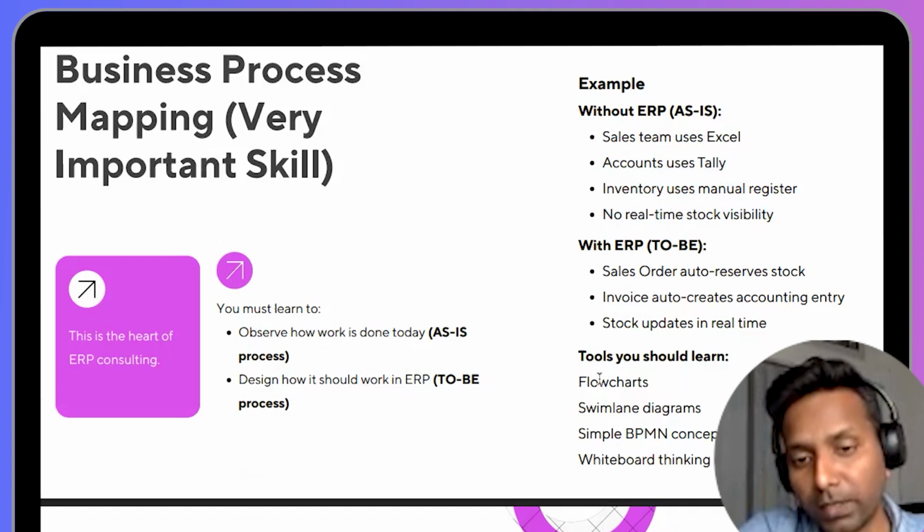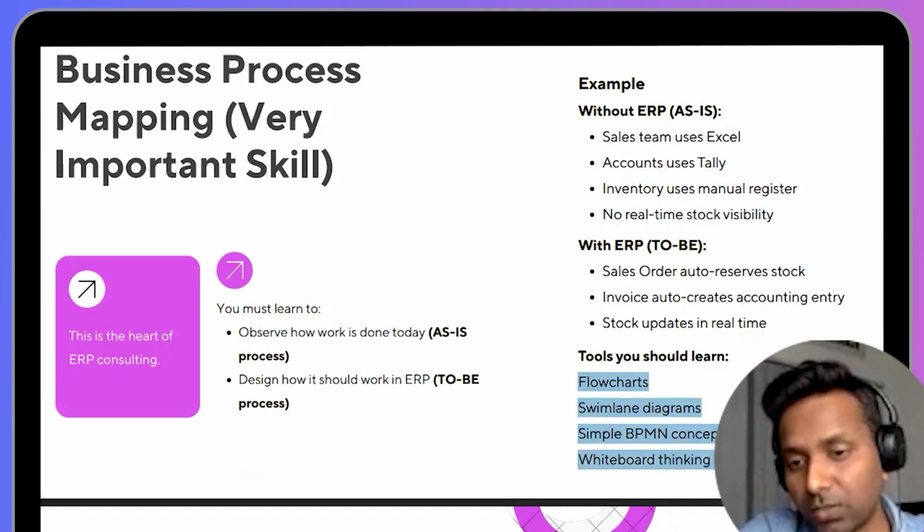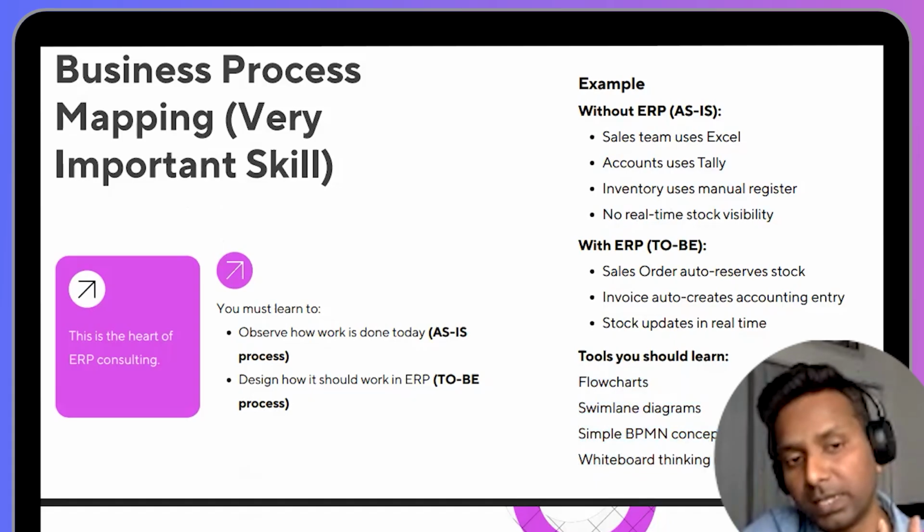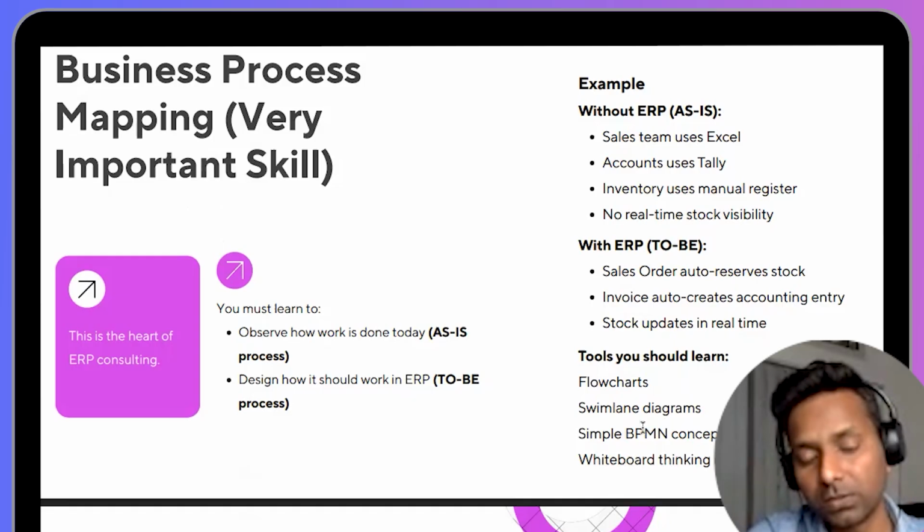Now here you can see what additional tools you should learn if you want to be an ERP consultant. Suppose you are designing business processes or flows. Then you have to know how to use flowcharts and swim lane diagrams. These are diagram-type mechanisms.